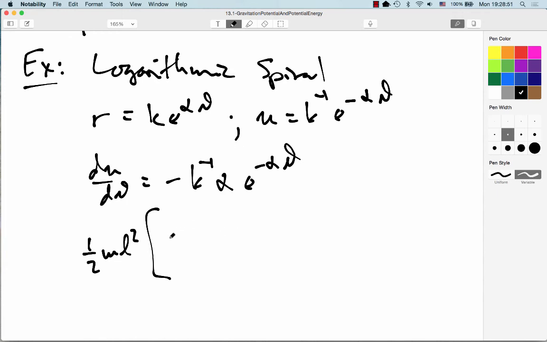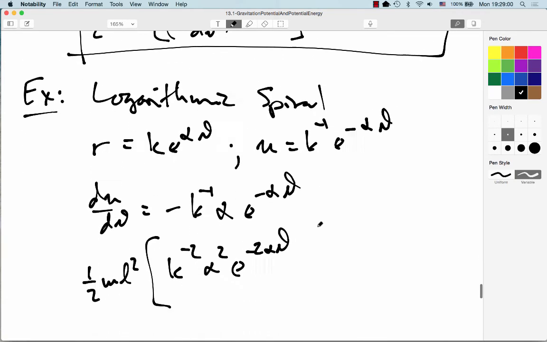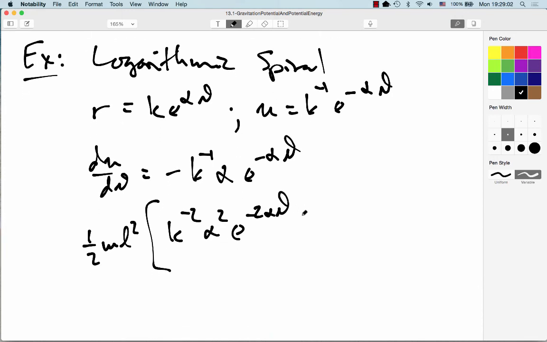So we get a plus k to the negative 2 alpha squared e to the minus 2 alpha theta. And then we put in u squared itself.